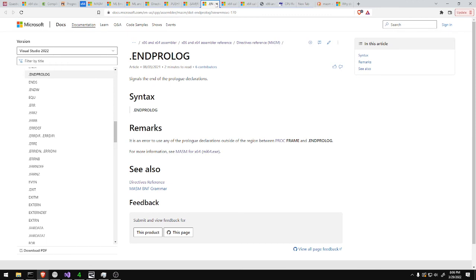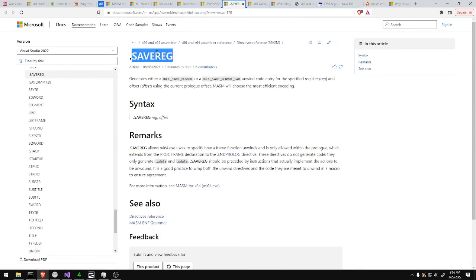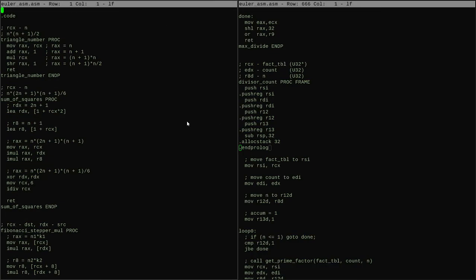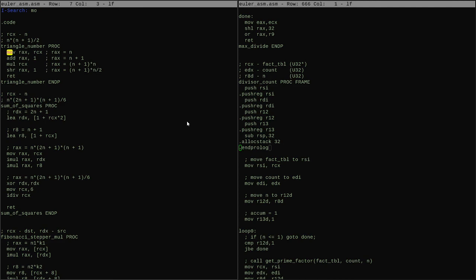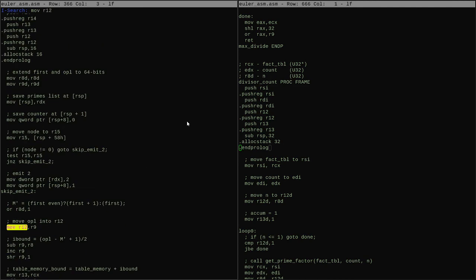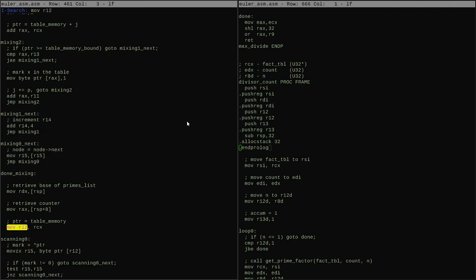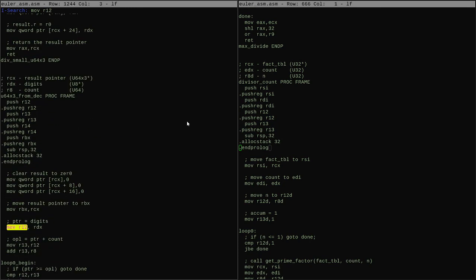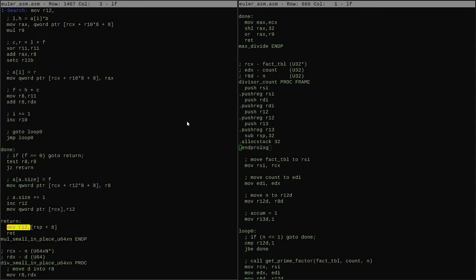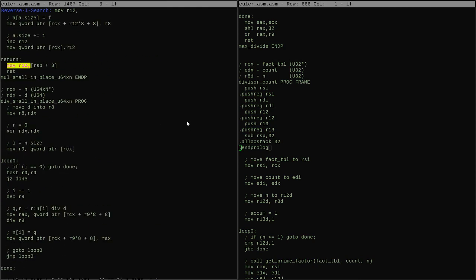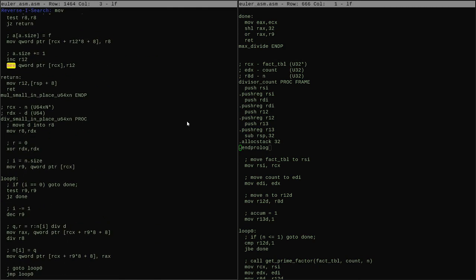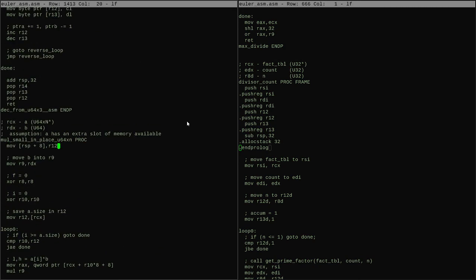I wonder. It did say something about save reg. So I think we want to use this whenever I do the trick where I don't push something. So like the R12 case. Yeah, mov RSP.